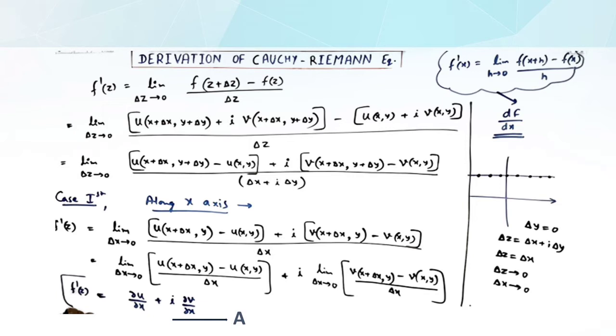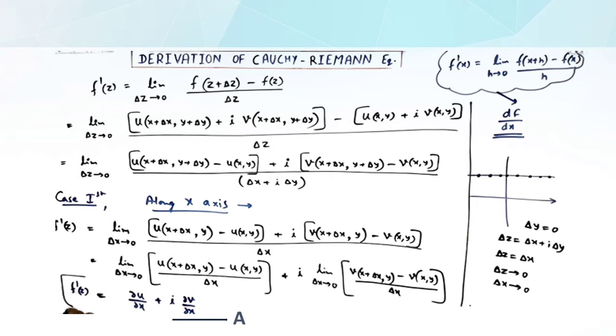We further get limit delta z tends to 0 of u of x plus delta x comma y plus delta y minus u of x comma y plus the imaginary part i into v of x plus delta x comma y plus delta y minus v of x comma y, whole divided by delta x plus i delta y.